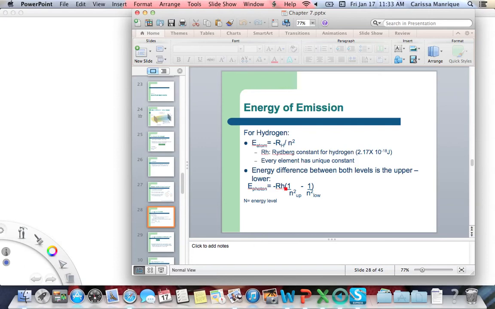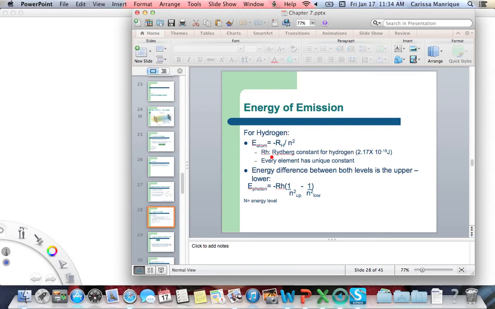This is the Rydberg constant for hydrogen. Every atom has a unique constant, but they've actually only been able to calculate it for hydrogen and helium because the calculations get so complex that they haven't been able to figure them out. But we can look at the exact energy of a photon for hydrogen and helium using this equation.